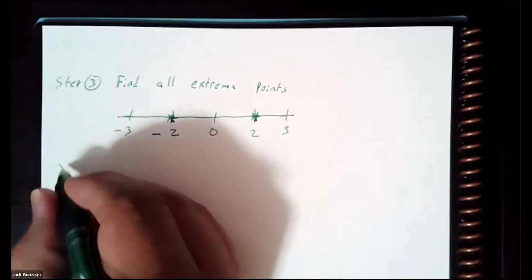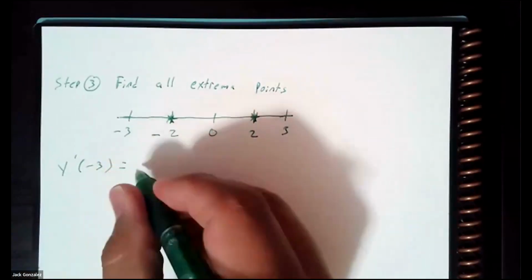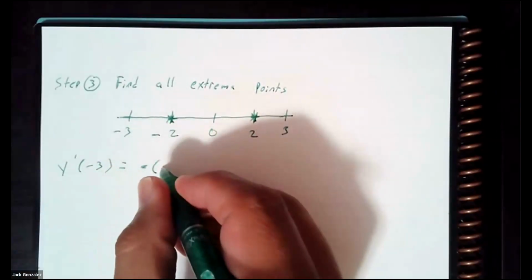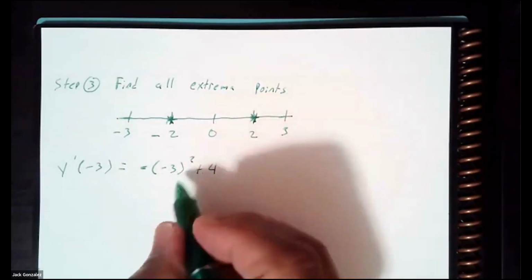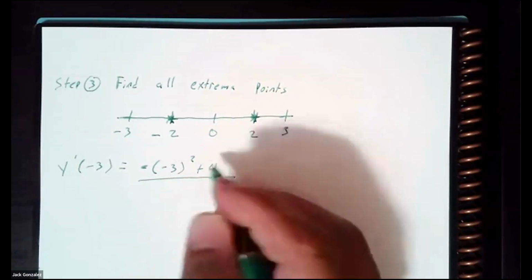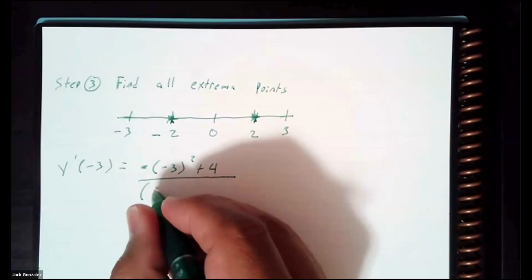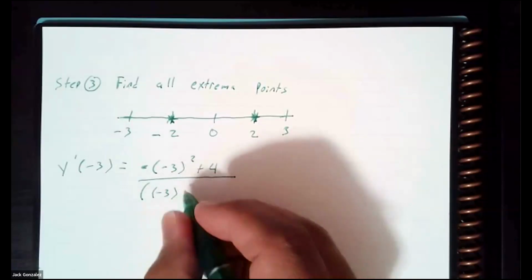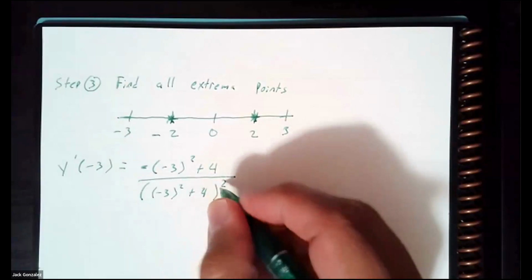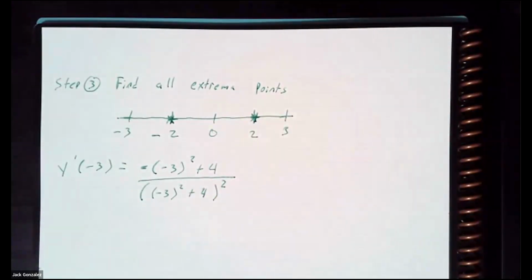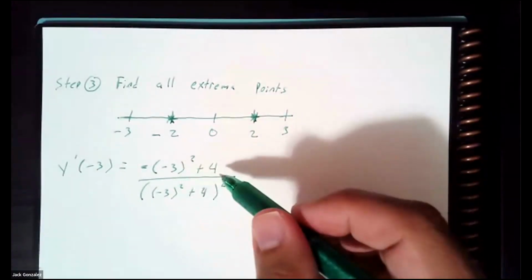First derivative at -3 would be -3 squared plus 4 over -3 squared plus 4, squared. The top would be -9 plus 4.